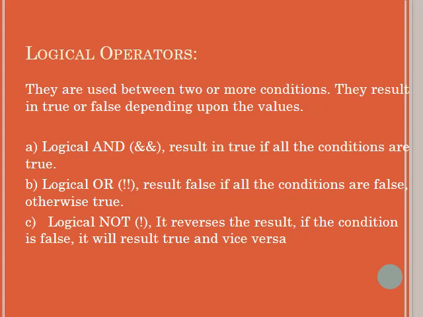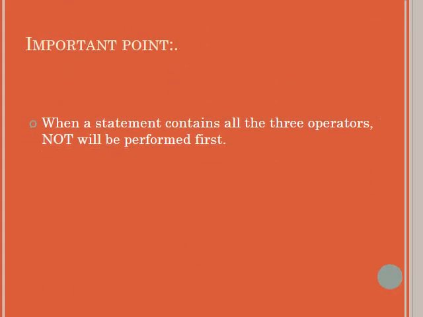So we have three logical operators: logical AND, logical OR and logical NOT. An important point to keep in mind: when a statement contains all three operators AND, OR and NOT, first of all logical NOT will be performed.